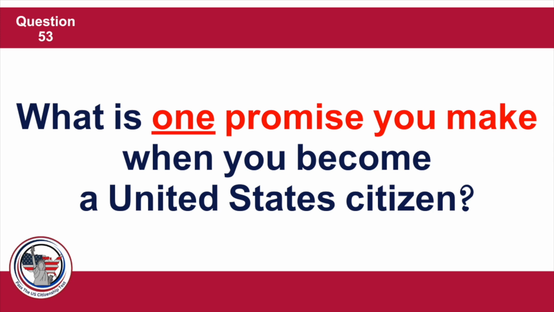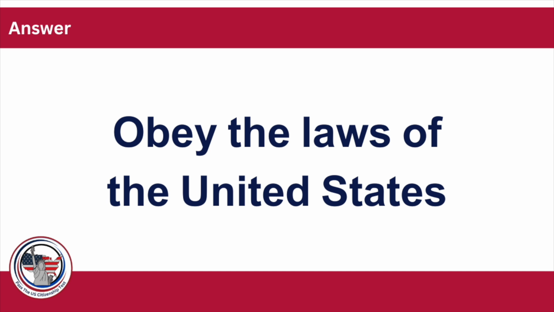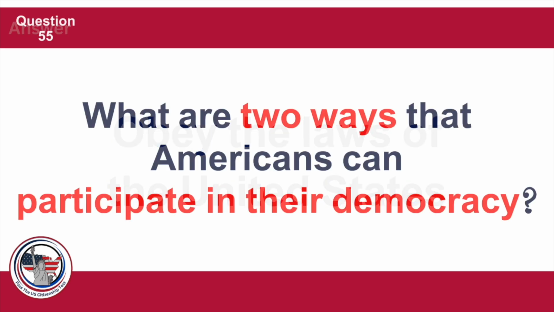What is one promise you make when you become a United States citizen? Obey the laws of the United States. What are 2 ways that Americans can participate in their democracy?